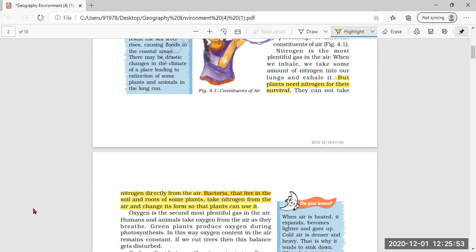So bacteria help them by changing the form of nitrogen, and that form is taken by the plants.